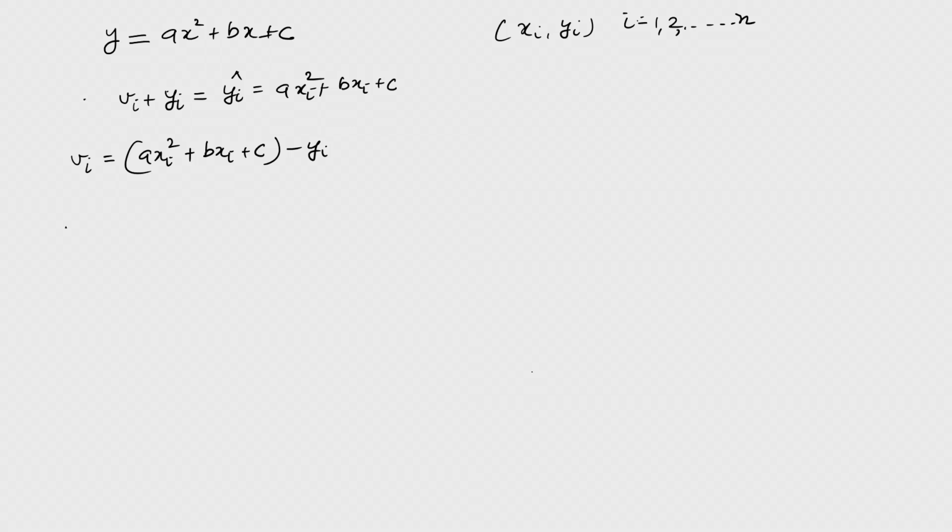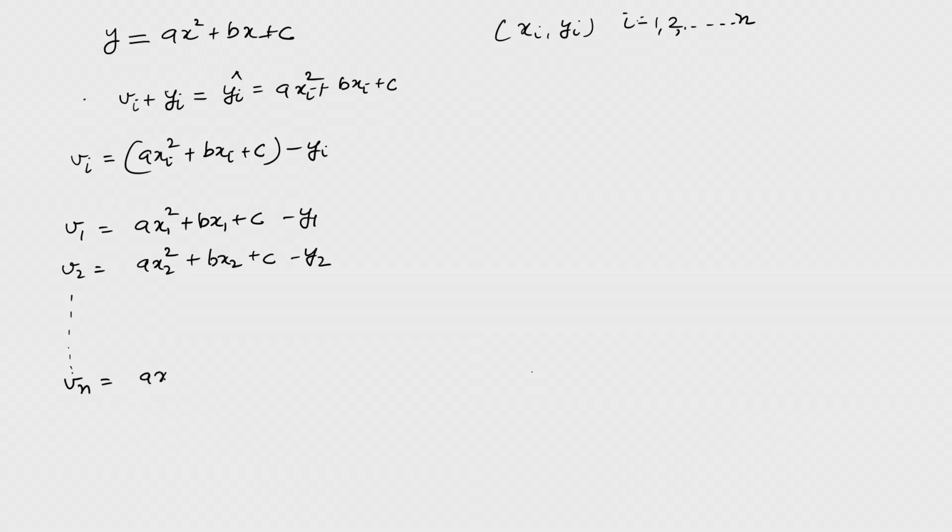So, for n number of data, I can write v1 equals ax1 square plus bx1 plus c minus y1, v2 equals ax2 square plus bx2 plus c minus y2, and for the nth data, I can write axn square plus bxn plus c minus yn.